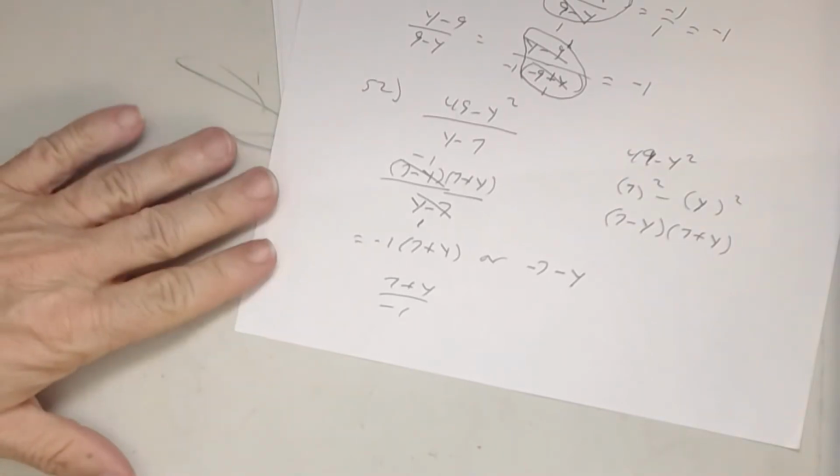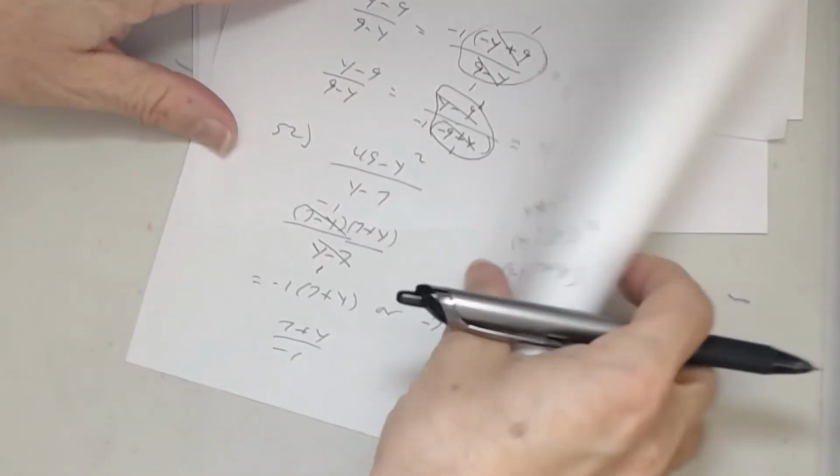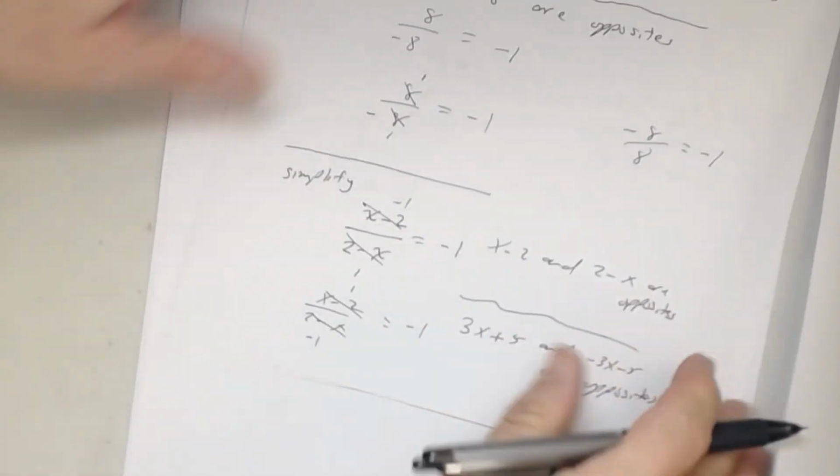All right, so let's look at this one. Suppose you had this. Suppose you had, and write this example. Simplify.